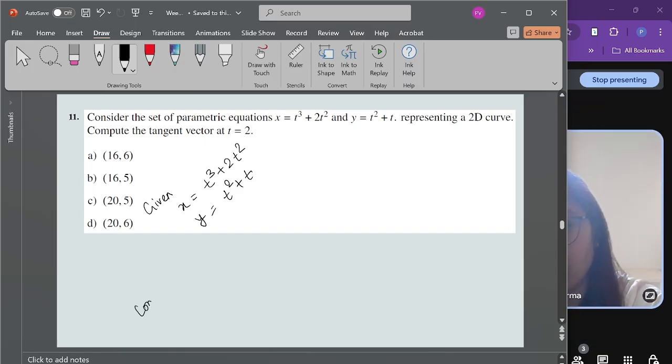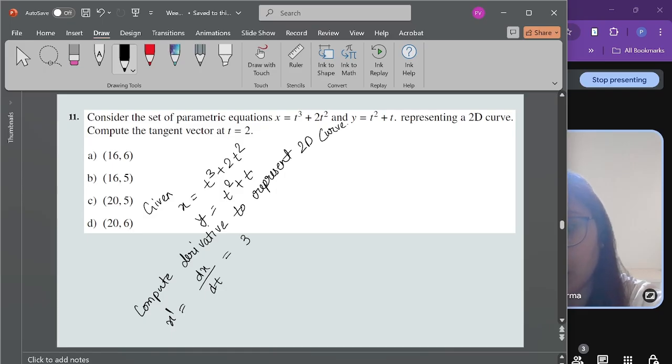Okay, compute the derivative to represent the 2D curve. First, let's say x dash, that is dx divided by dt. If you take the differentiation with respect to t, you will get 3t square plus 4t, right?